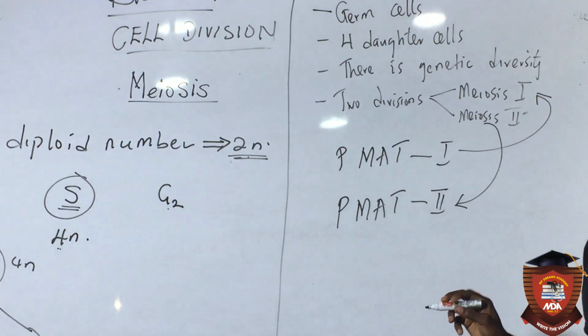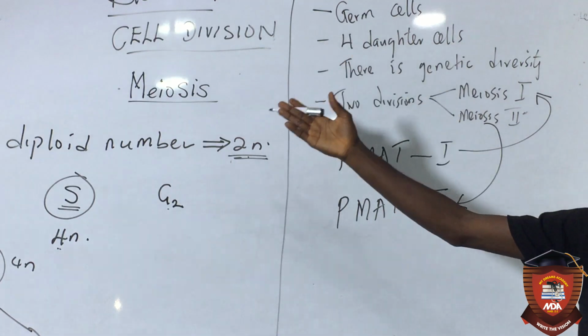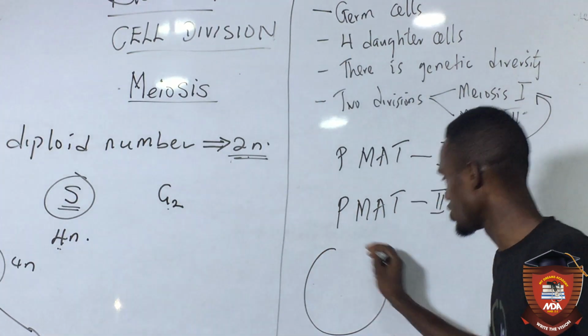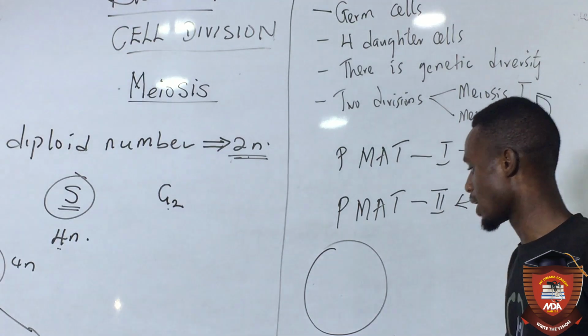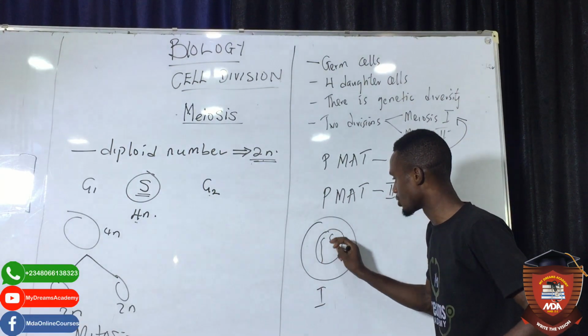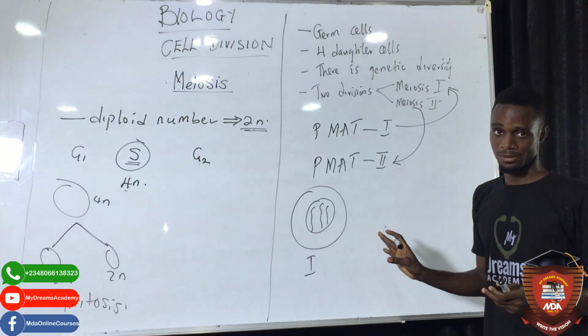In prophase of the first meiotic division, everything we already said in mitosis occurs. So this is the cell membrane. Let's look at interphase. This is the nuclear membrane with chromatin, thread-like chromatin. So this is interphase, a cell that is not divided yet.